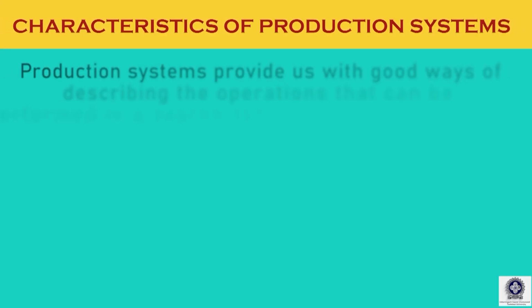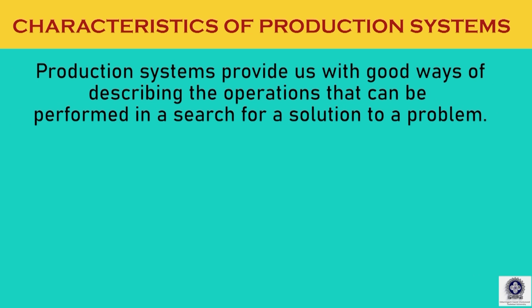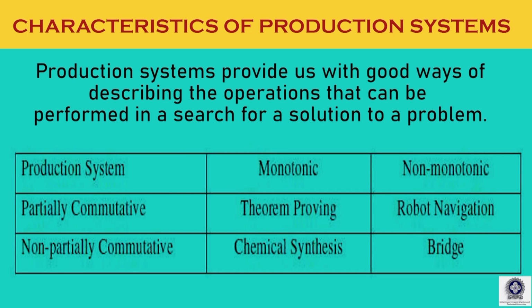Characteristics of production systems. Production systems provide us with good ways of describing the operations that can be performed in the search for a solution to a problem. We have categories of production systems: monotonic and non-monotonic, and partially commutative and non-partially commutative production systems.